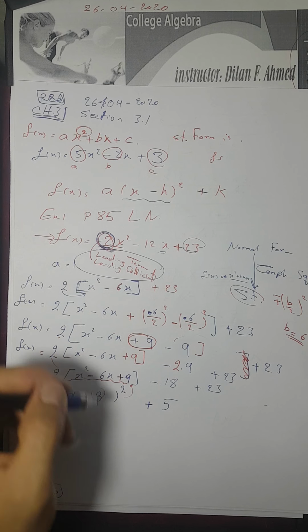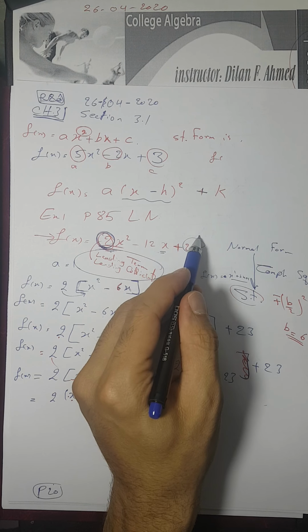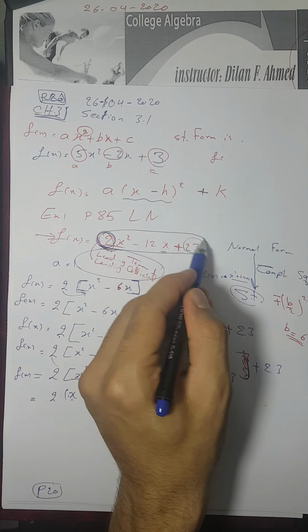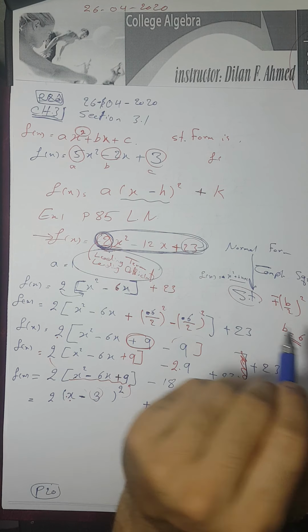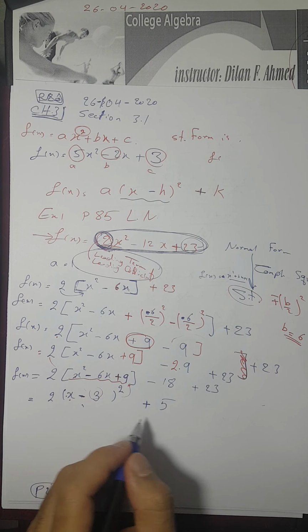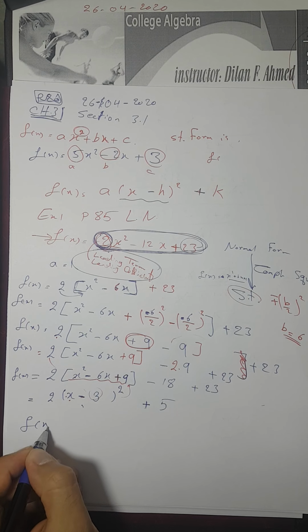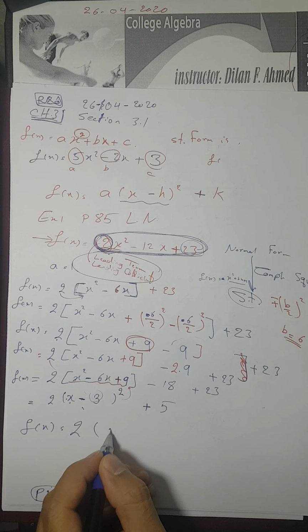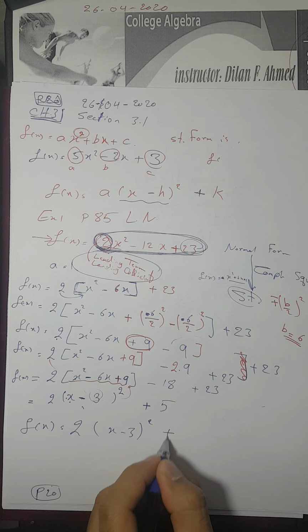Why do we use this one? Because we cannot get this completing square from this example. That's why we change it to the standard form and get the completing square. So our f of x is equal to 2 times x minus 3 squared plus 5.